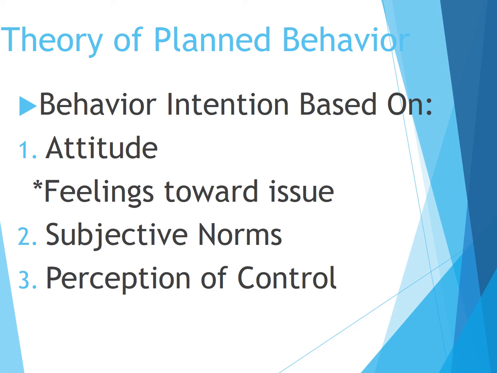You might also talk about the Nicoderm patch or the gum or something like that, which would keep them from feeling the craving for it. So knowing these kinds of things can be very influential in terms of our ability to develop effective, persuasive campaigns and, of course, to influence our own behavior as well.